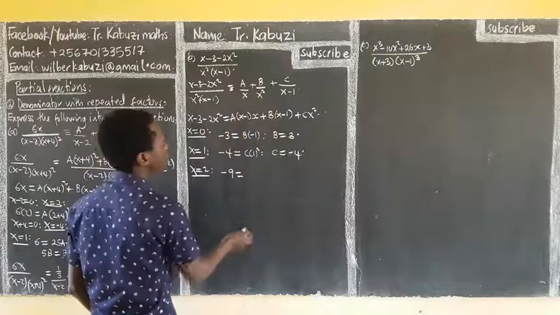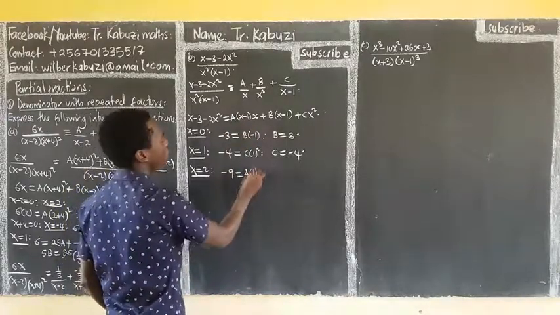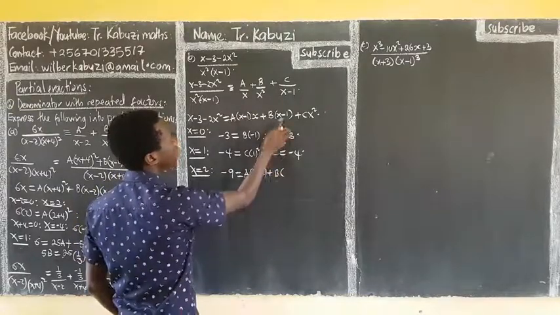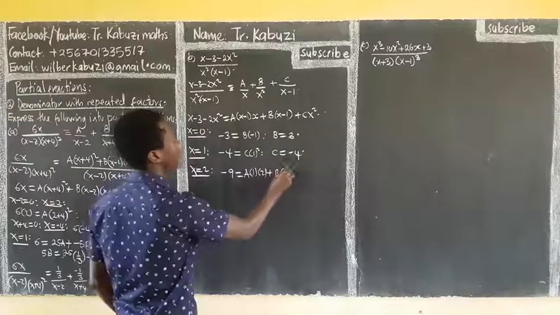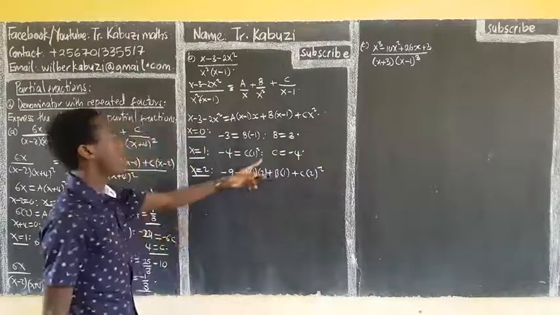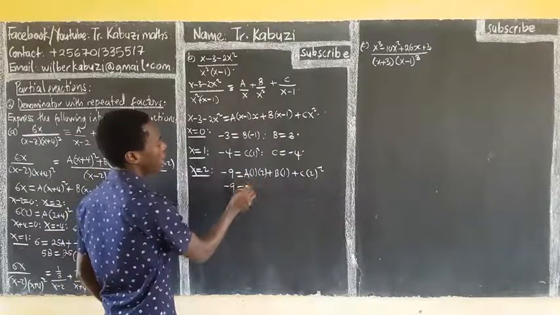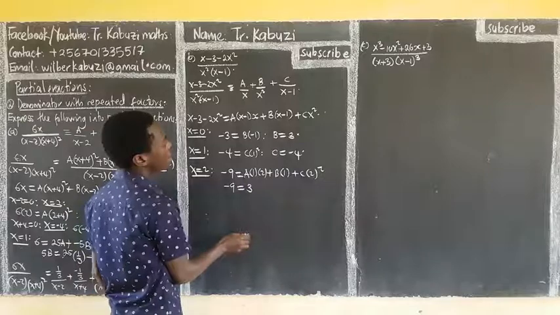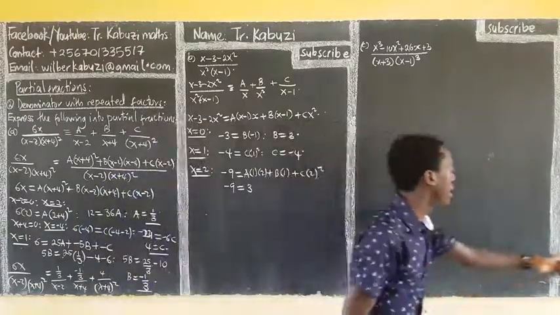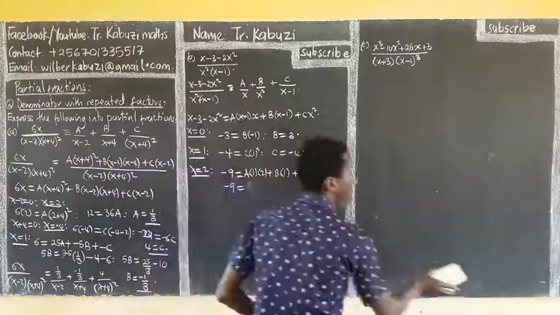When I put here 2, I have 2 minus 1, I have 1 into 2, then plus b into 2 minus 1, which is 1, then plus c into 2 squared. So instead I want a. So negative 9 is going to be, my a here I have 3, this is going to be 2a.